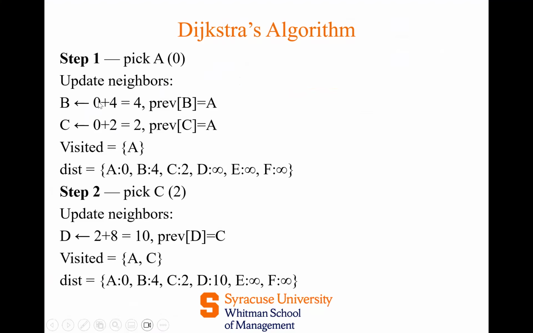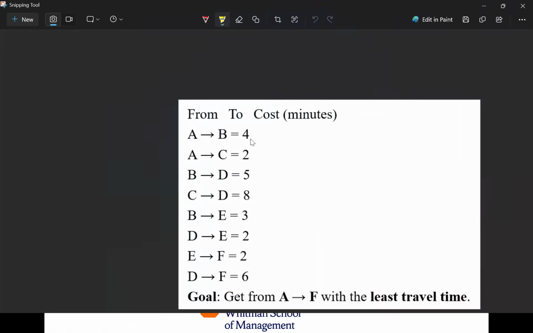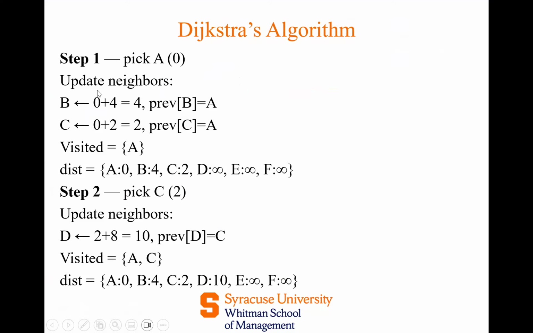B is 0 plus 4, C is 0 plus 2. A itself has zero cost, that's why 0. So for B, the new number, instead of infinity, we'll update to 4. And for C, it's the cost of A plus 2 additional from A to C, and that's 2, so we update C to 2.